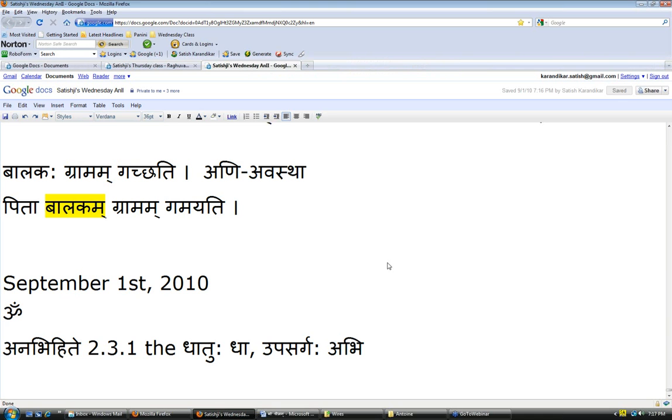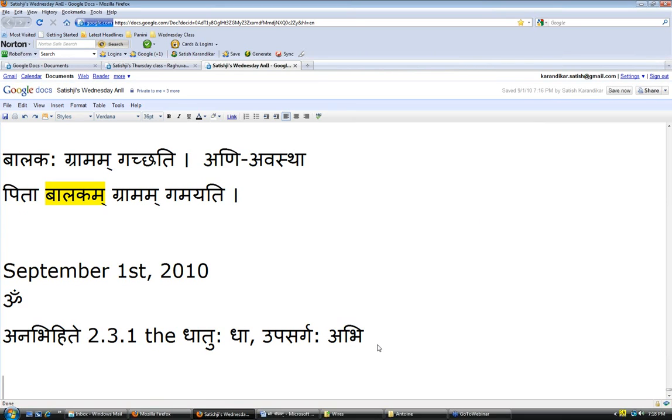Anybody in the class, what sutram do we use here to get the form abhihita? Abhidha. Somebody should know this, right? Let's see. Indu over there? You know this sutra, right? Where could it be? Anuji, any luck? We're looking for the sutram.